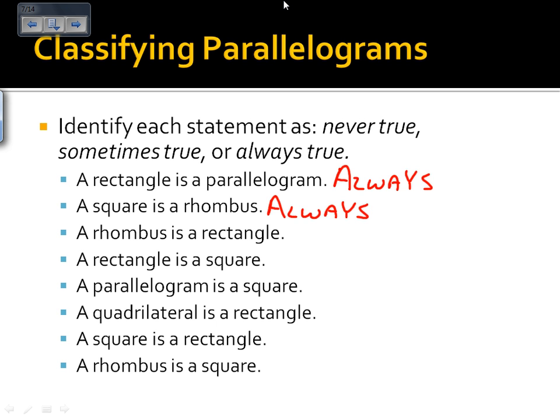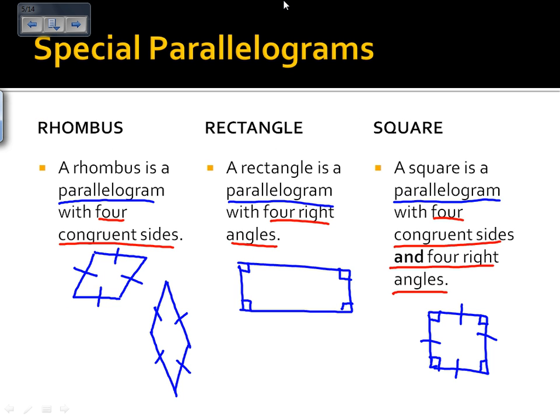Let's go back to the definition of a rectangle. So what's the definition of a rectangle? A rectangle has 4 right angles, right? If we look at a square, does a square also have 4 right angles?